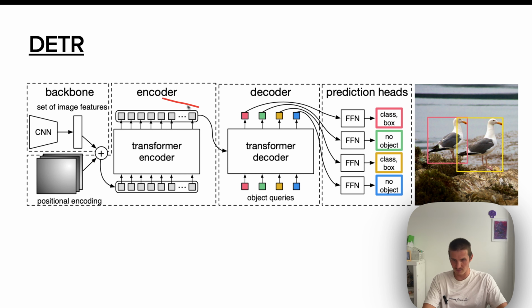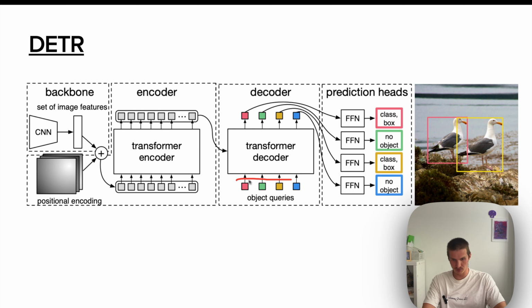Then this processed version of the image is used in the transformer decoder. So the decoder can be seen as something that now operates on a different shape. And in our case, we are interested in the actual detections.